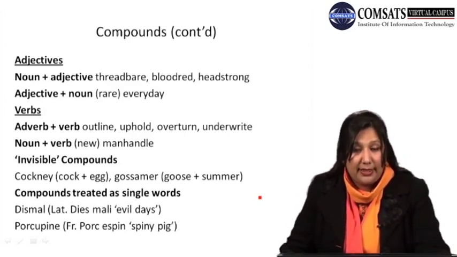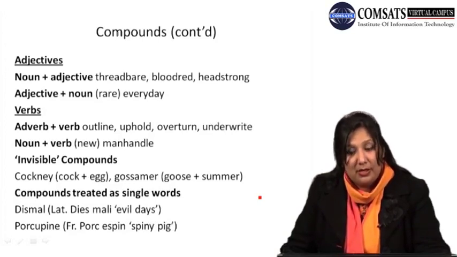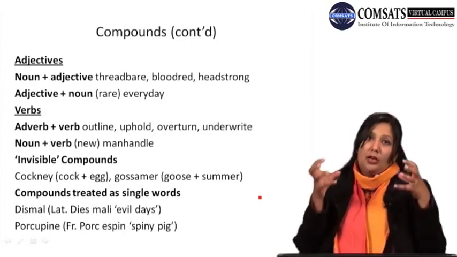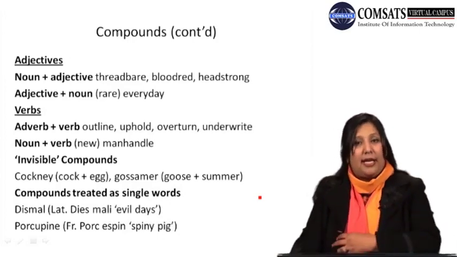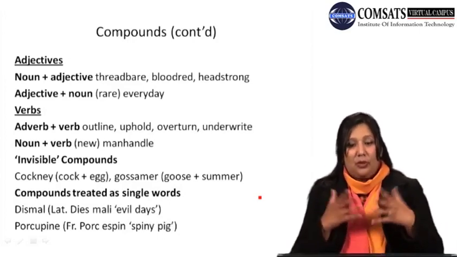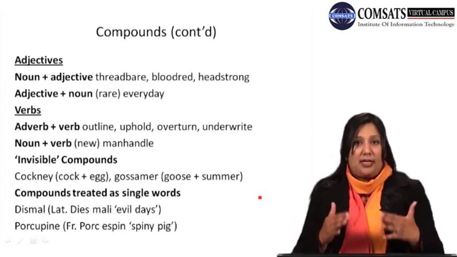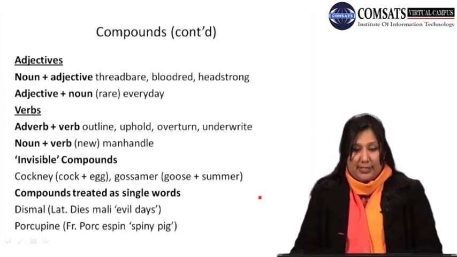For example, cockney. Cockney is a combination of cock plus egg. Gossamer is a combination of goose plus summer. Again the two words have been assimilated in a way that their spellings have changed, and a few of them are in the original position, whereas a few of the words have already been changed.